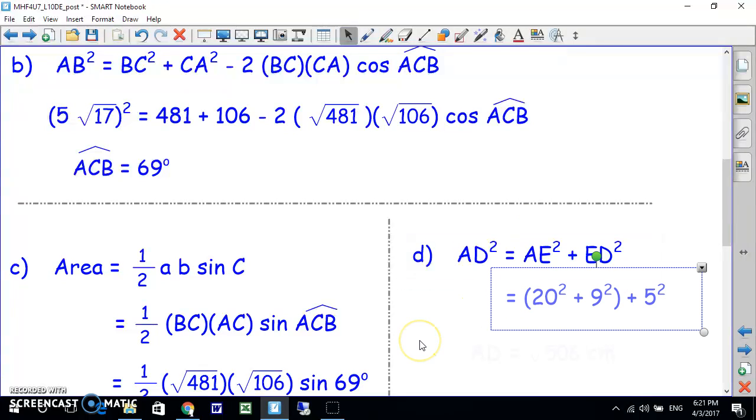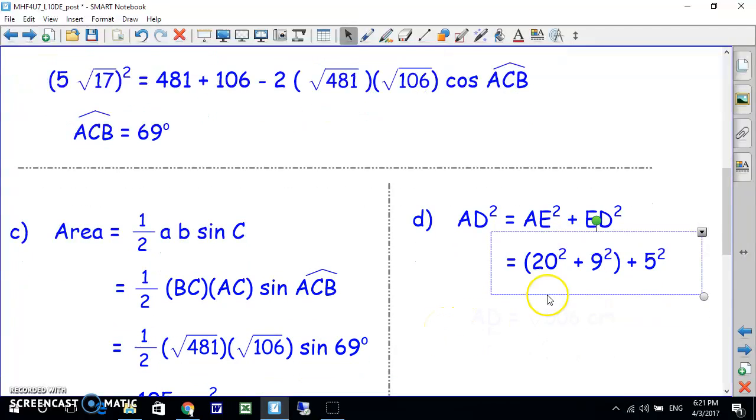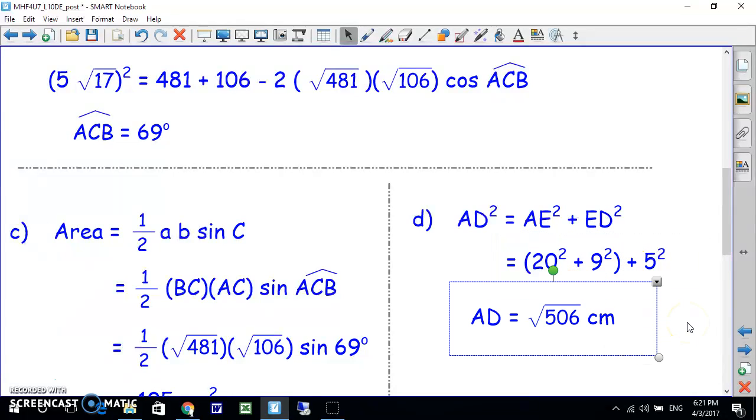Side AE squared is a Pythagorean theorem on its own, so 20 squared plus 9 squared, and then ED squared is 5 squared. As you can see, we don't really need the brackets here. Add all the squares of the three sides of the cuboid, and you end up with AD equaling the square root of 506 centimeters.